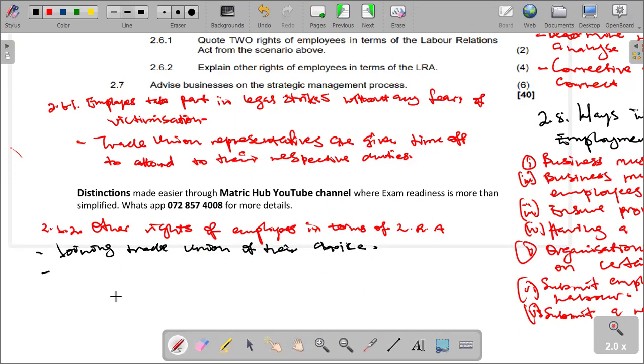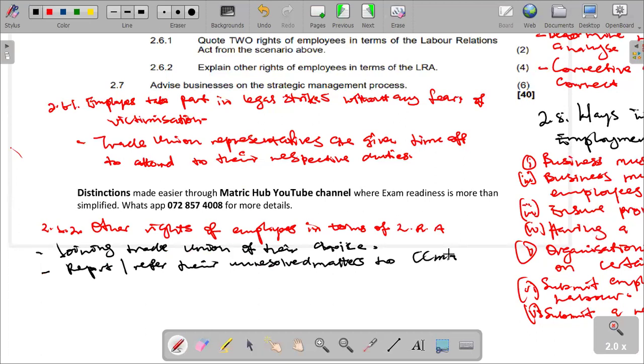We can as well talk about referring unresolved workplace disputes to the CCMA.